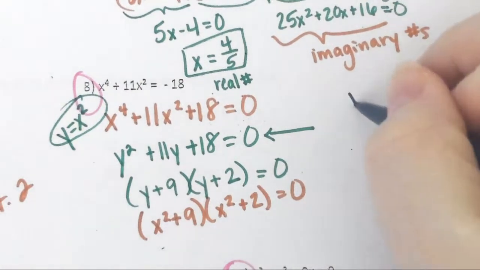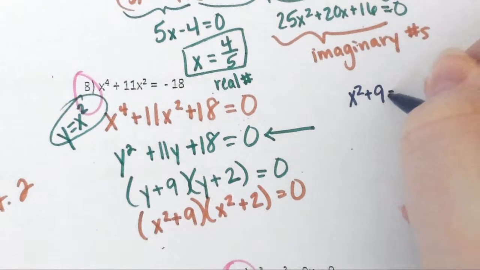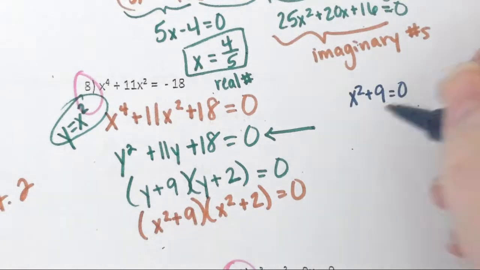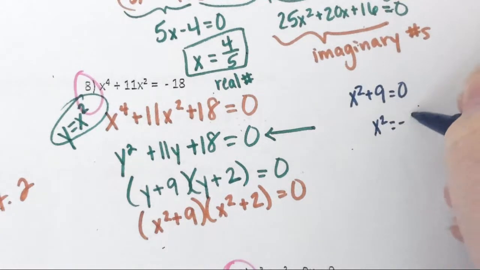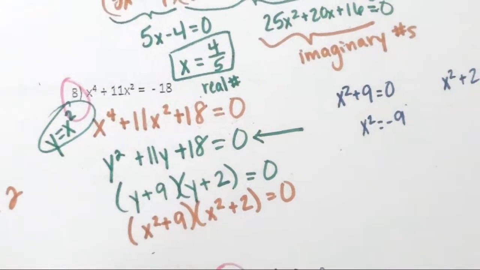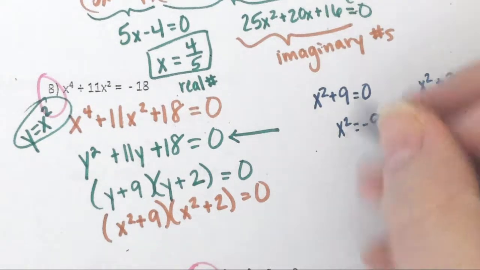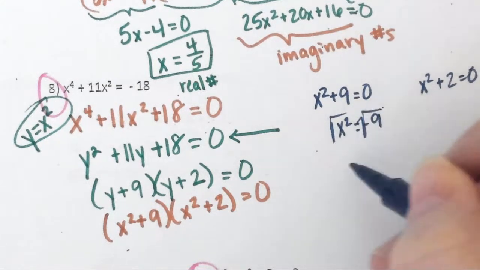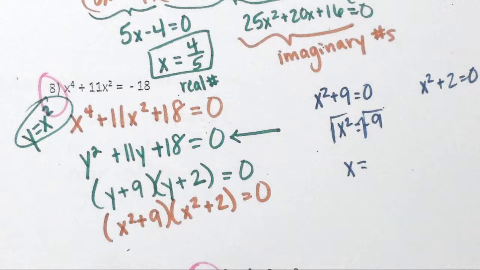So if I do x squared plus 9 equal to 0, I get x squared equals -9. And then what happens? If I take the square root, I get x equals what?